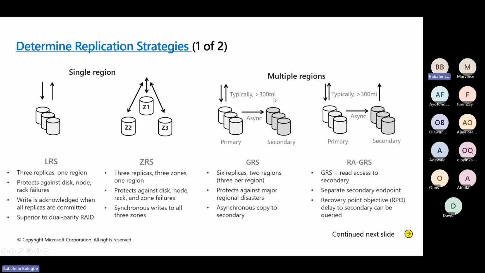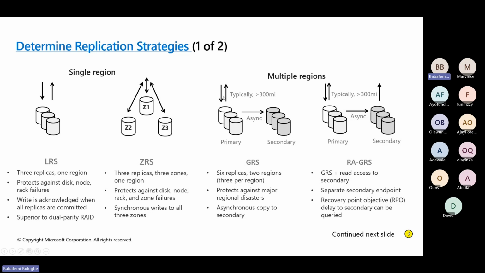I actually explained that the region pair is 2 regions that are 300 miles away, and so you can see they're taking advantage of what we call the region pair, where we have one region being active and the other one being passive. However, these files are replicated asynchronously to the secondary region.